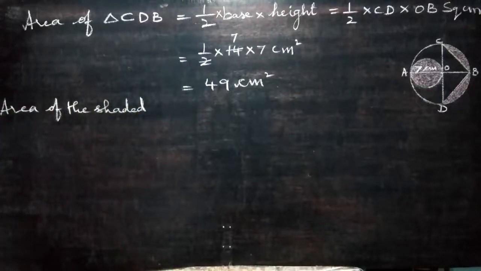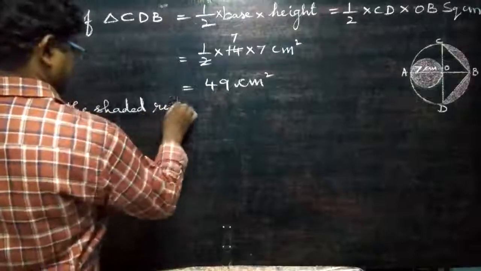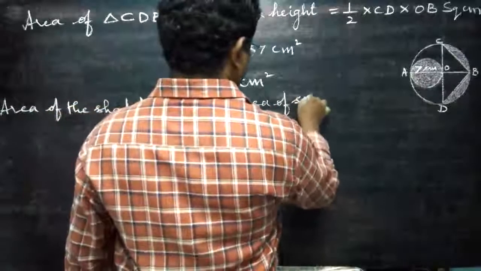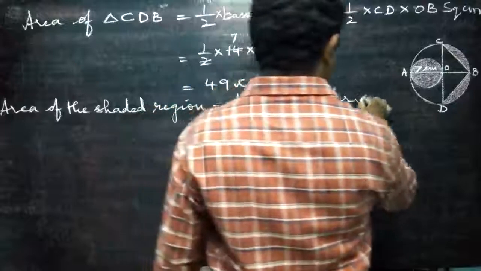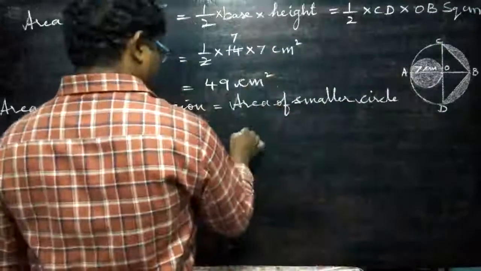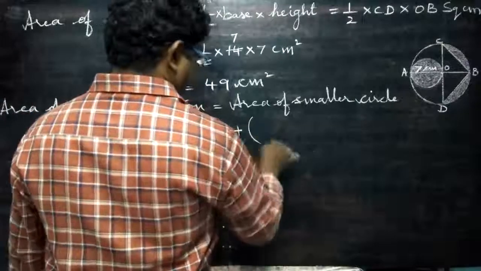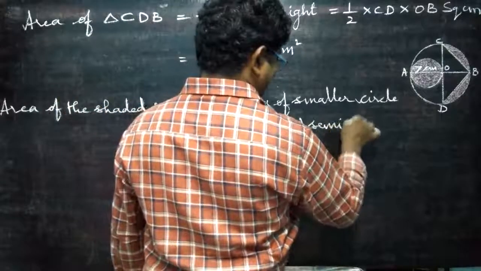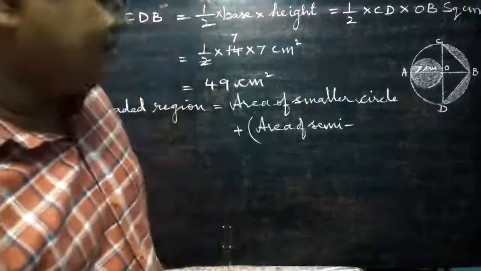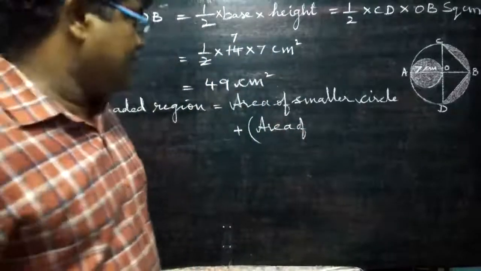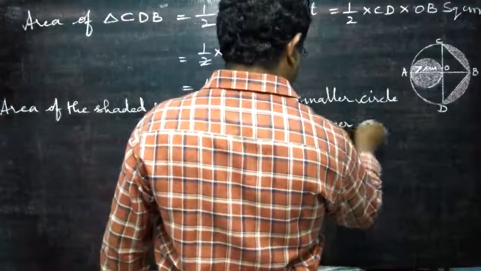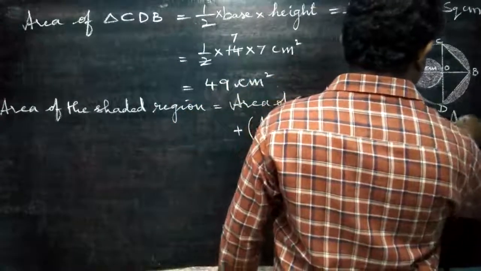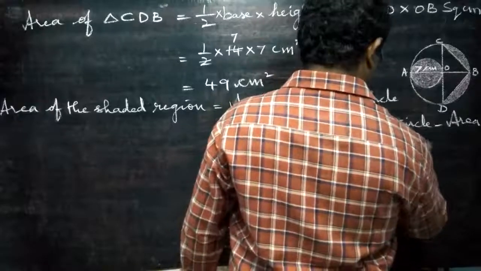Area of the shaded region is equal to area of smaller circle plus area of larger semicircle minus area of a triangle.